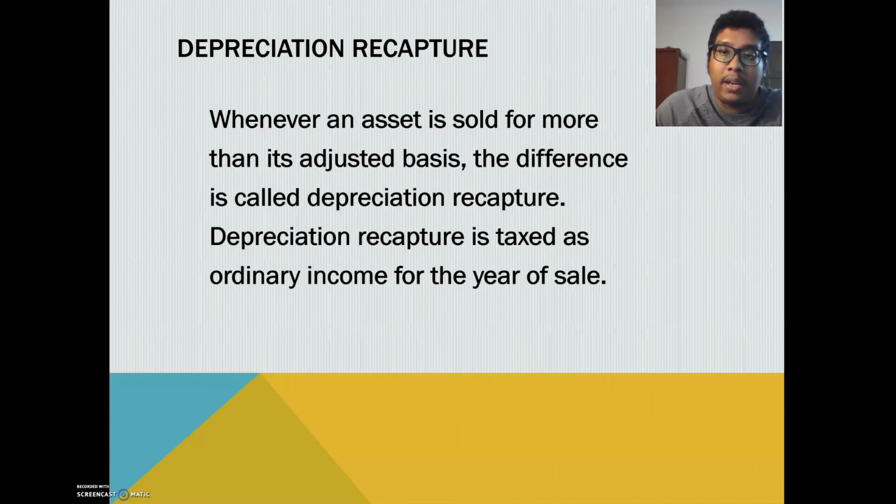After that, the price the item sold for minus the adjusted basis, the difference we call depreciation recapture. Depreciation recapture is taxed as ordinary income for the year of sale.